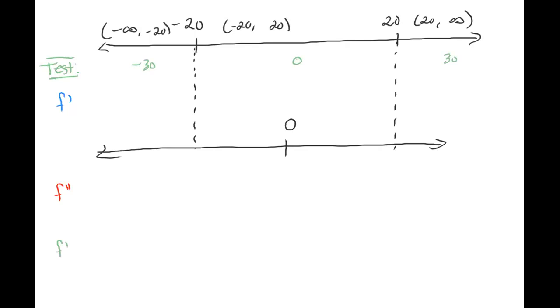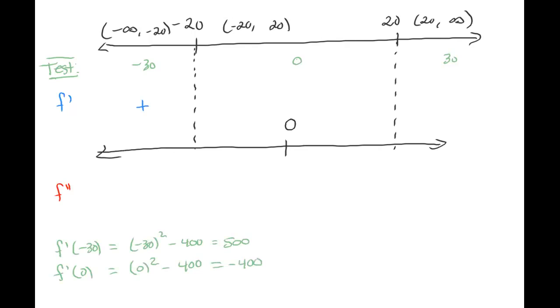f prime of negative 30 is equal to negative 30 squared minus 400, which is equal to 500, which is most certainly positive. So that first derivative is positive here. f prime of 0 is equal to 0 squared minus 400, which is equal to negative 400.